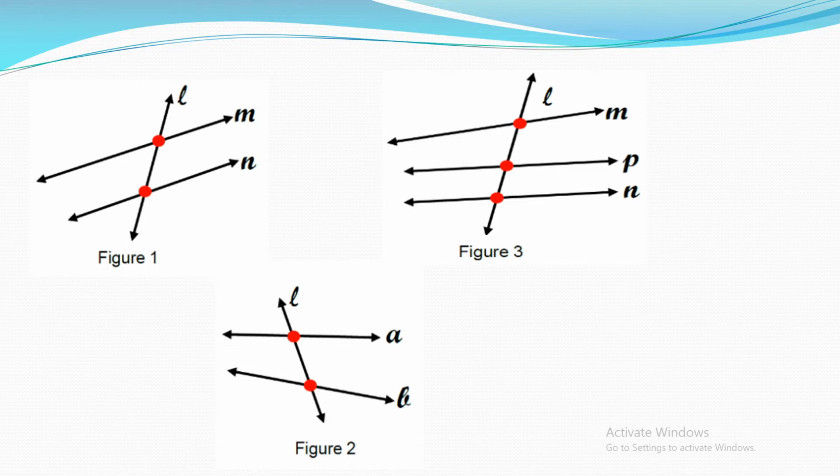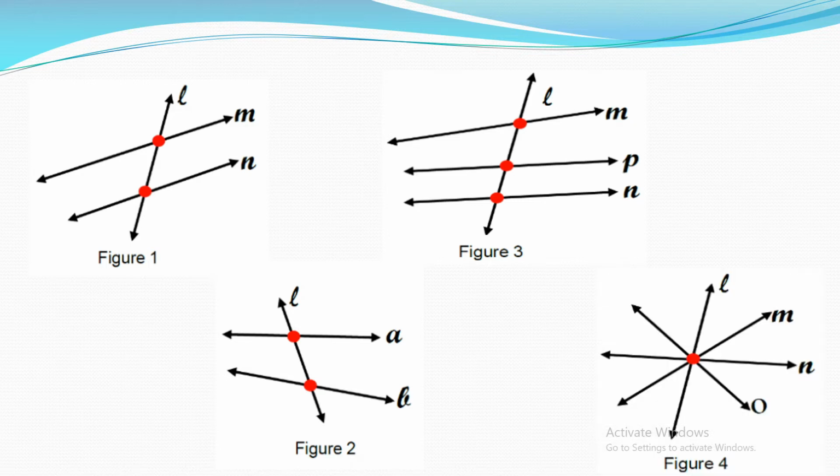What have you noticed about line L and the other given lines? You're right. Line L intersects 2 or more lines at different points. That's why this line L is called a transversal.